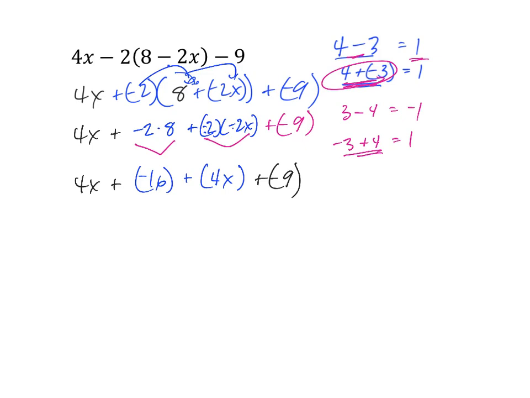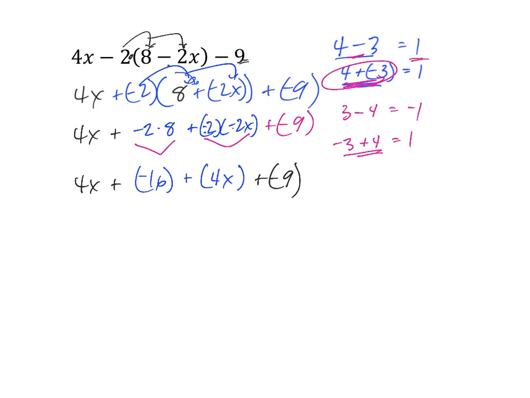Now we're going to combine like terms because we've done the distributive property. And we remember we are not distributing to the 9. The distributive property applies here. It does not apply to the 9, only to the things that are in the parentheses.